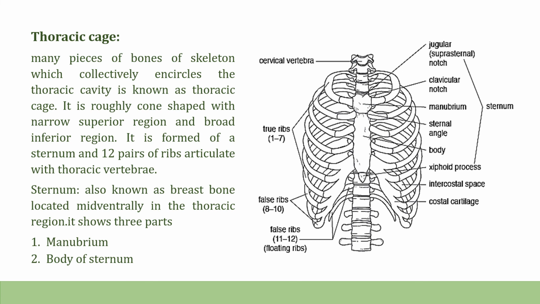The other part is the sternum, which consists of the manubrium, body and xiphoid process. And here you can see the description of the thoracic cage.